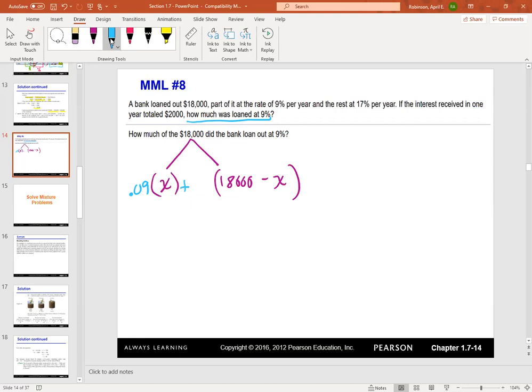Plus, the rest is at 17%, so I put the 0.17 in front of that. The interest received in 1 year totaled 2,800. Total means what you get after you add. So I put a plus sign in between them, put an equal sign over here, and put $2,800 right there. And that's my equation.